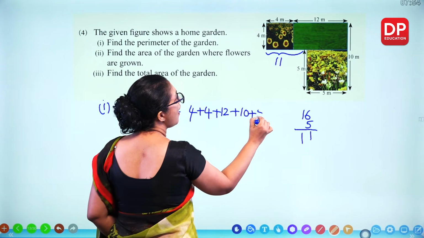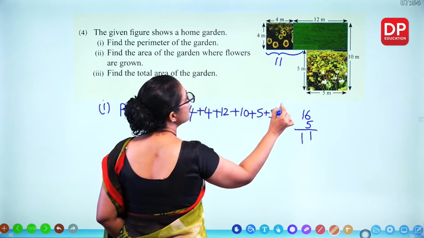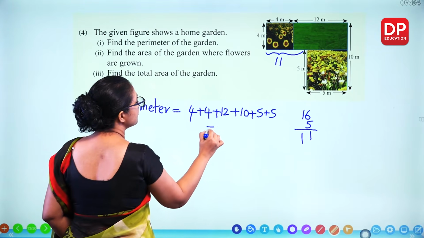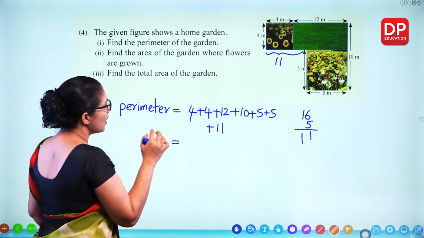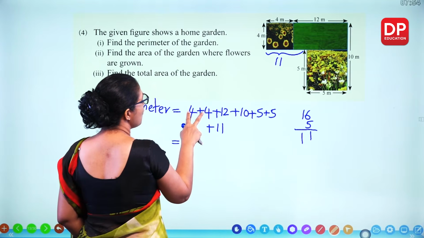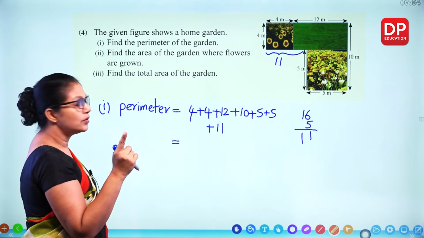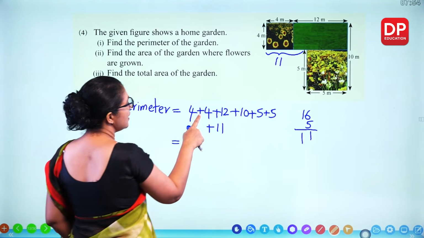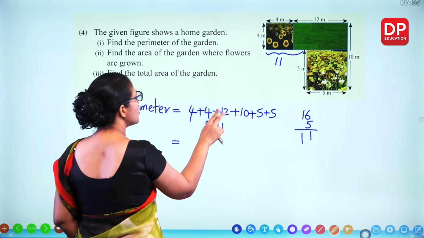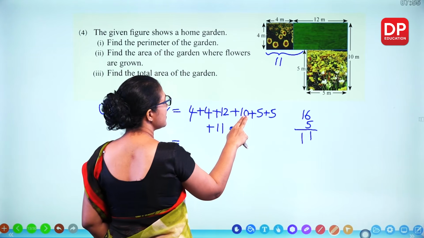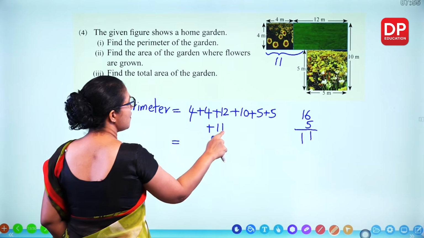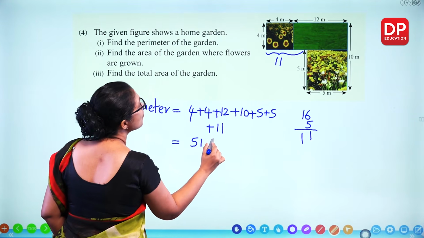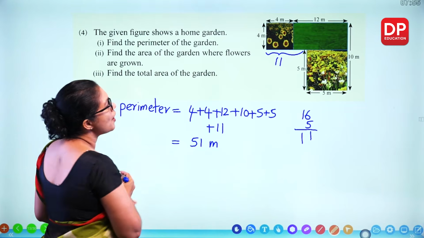And then another 5, 5, and then 11. 4 and 4, you get 8. 8 plus 12, 20. 20 plus 10, 30. 30 plus 10, 40, 51. So what's the unit? 51 meters.